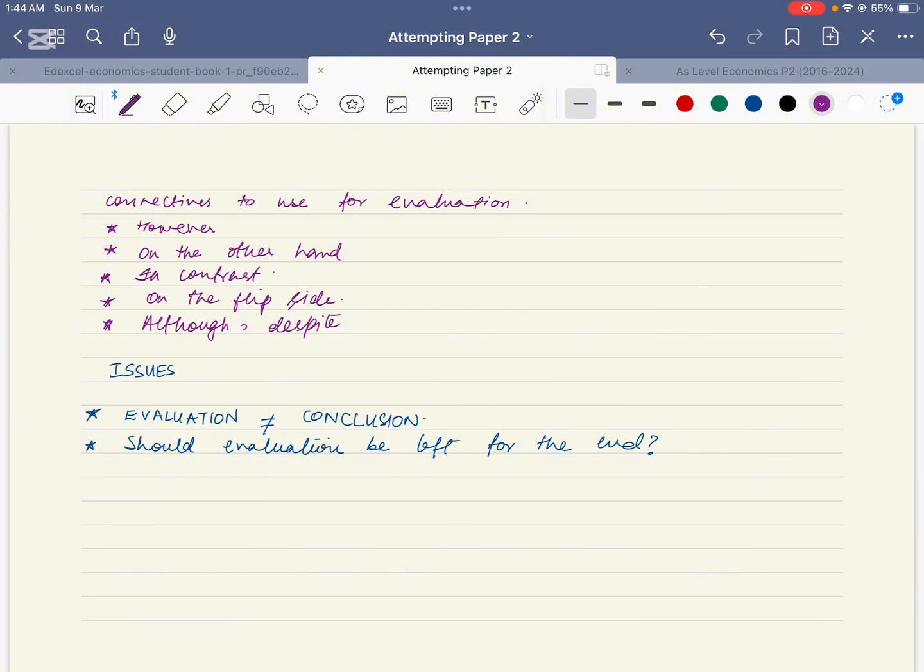In every question, you wouldn't be able to present evaluation side by side with the analysis, and in every question it wouldn't be good or better to present the evaluation before conclusion. It all depends on the type of question that is given and your personal preference as well. Both are correct. There is no personal preference of the examiner for this. The examiner is definitely looking for evaluation, but where you place it, it's all up to you.